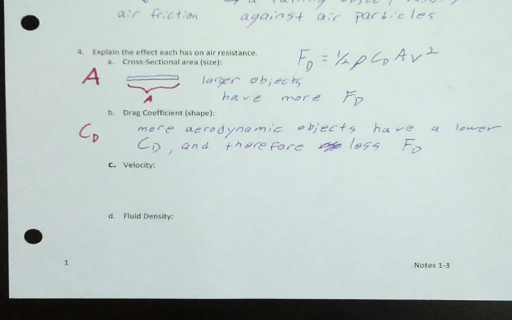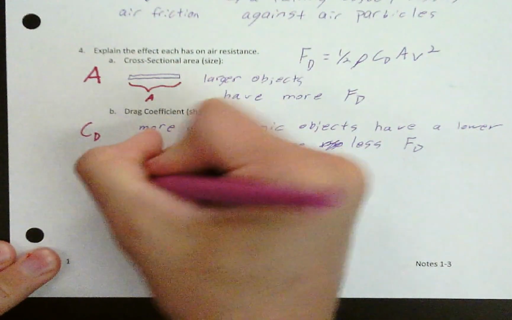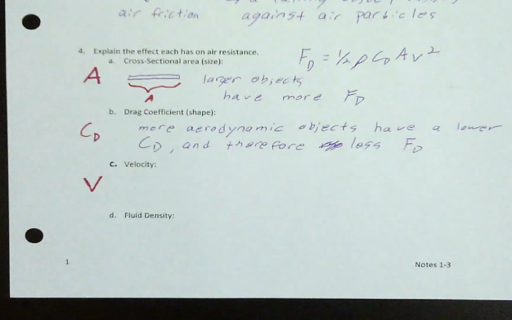Velocity. How fast you go affects how much drag there is. Now, the reason why is the faster you go, the more air you push through, therefore the more particles you're rubbing against. So the faster you go, you rub on more particles, therefore you have more air friction, therefore you have a higher force of drag.